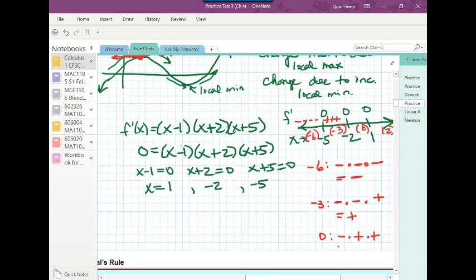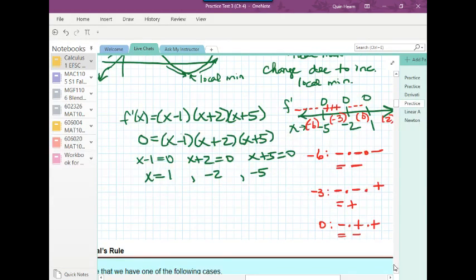Negative times negative times negative, an odd number of negatives, gives you a negative. So this is going to be a negative value on the interval up to -5. And then we can continue in this way.